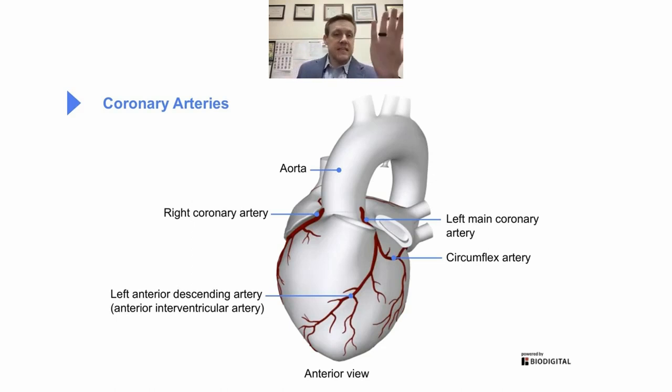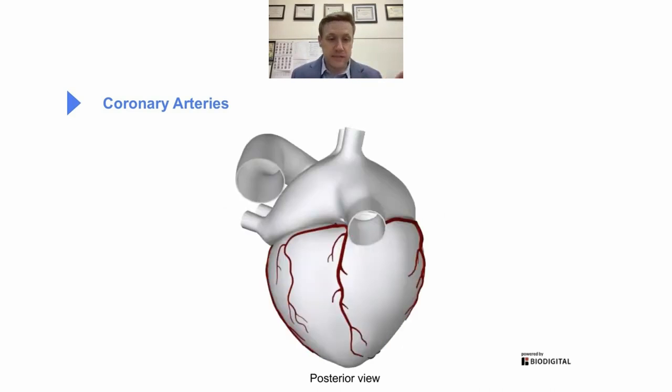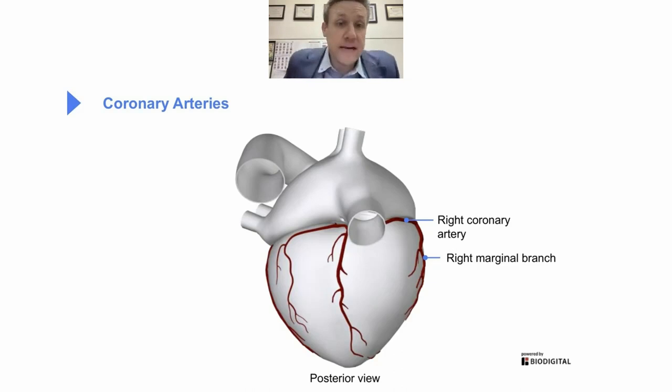So in order to see that continuation, we're going to flip around to the posterior surface, where we see the continuation of the right coronary artery, still giving rise to branches such as this one at the border between anterior and posterior. We call it the right marginal branch, sometimes also called the acute marginal branch.